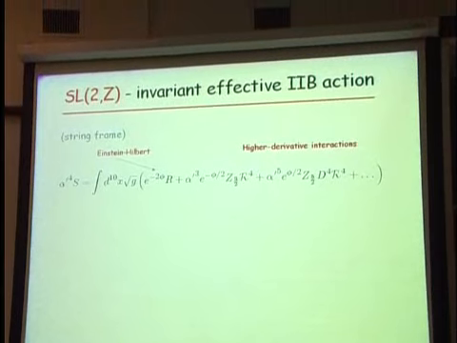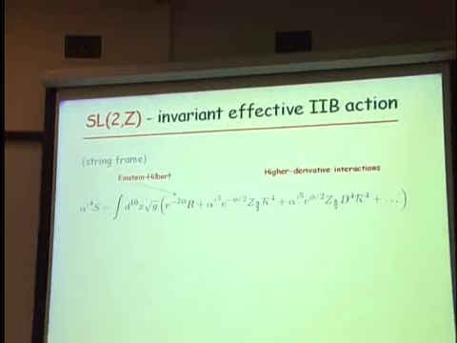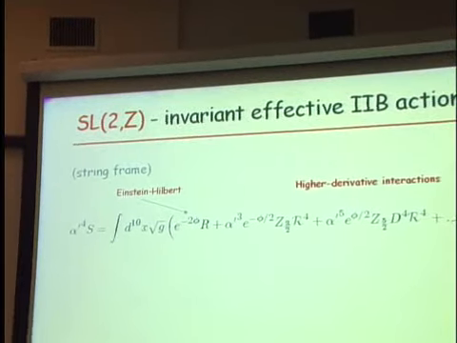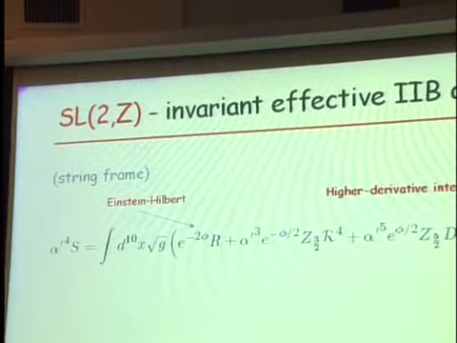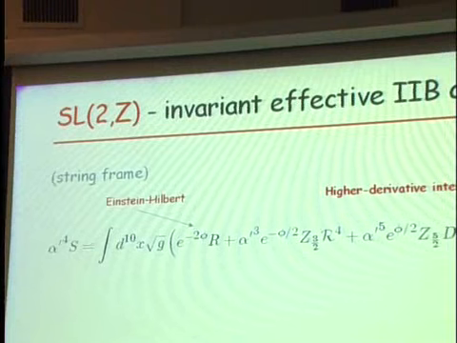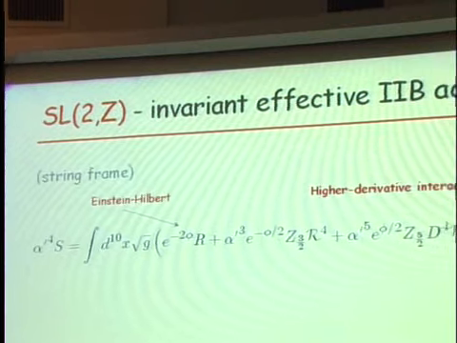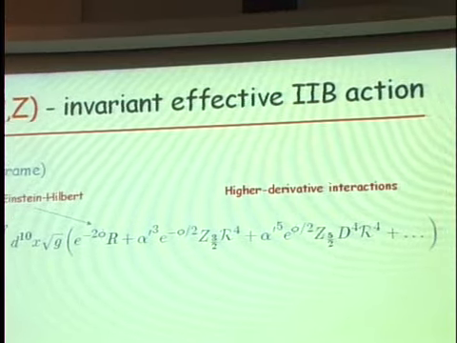The Einstein-Hilbert term, of course, the R to the fourth term, and the next term, D to the fourth R to the fourth. And whereas the Einstein-Hilbert term is by itself invariant under SL(2,Z), the way I've written these, the factors of e to the phi are simply the ones which come by going from Einstein frame to string frame. SL(2,Z) invariance is easiest to see in Einstein frame.